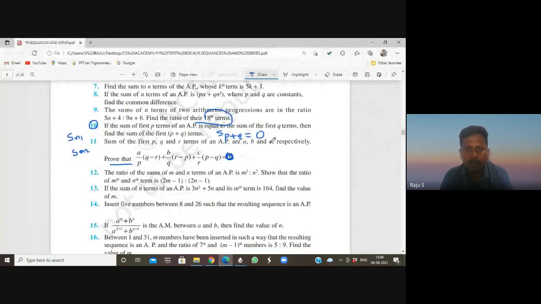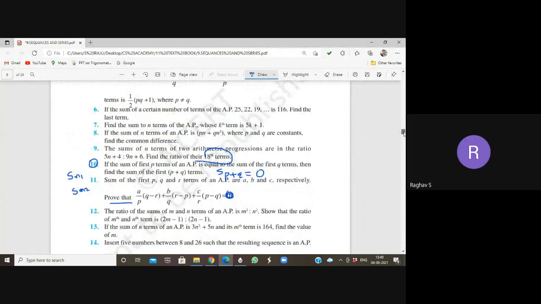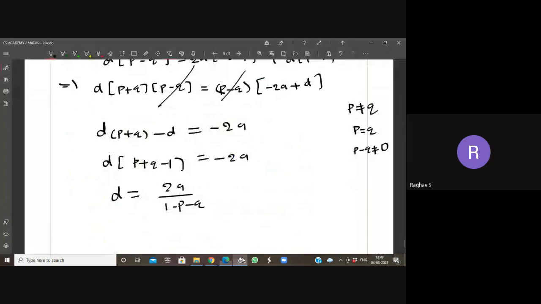In the question, the sum of p plus q terms: S of p plus q equals p plus q by 2 into 2a plus p plus q minus 1 into d. The 2a value is minus d into p plus q minus 1.